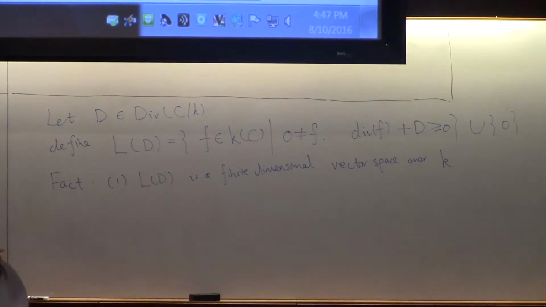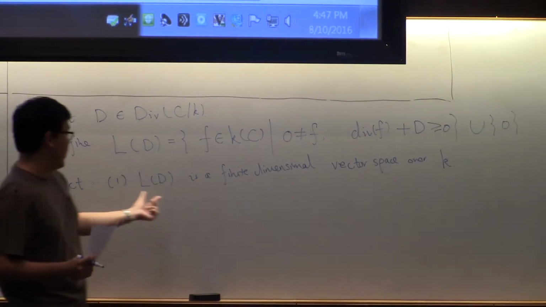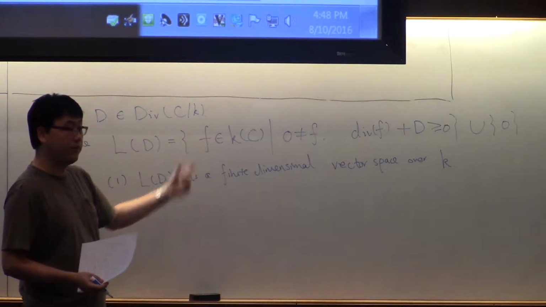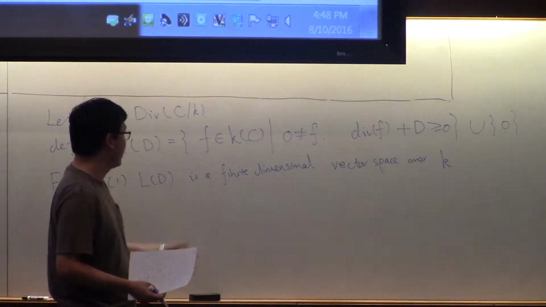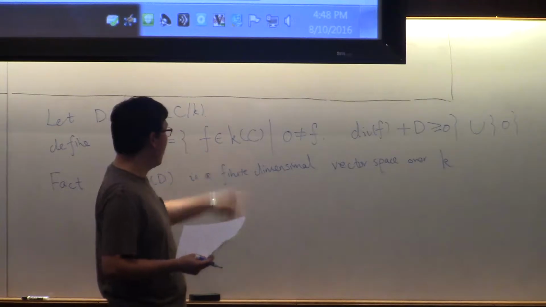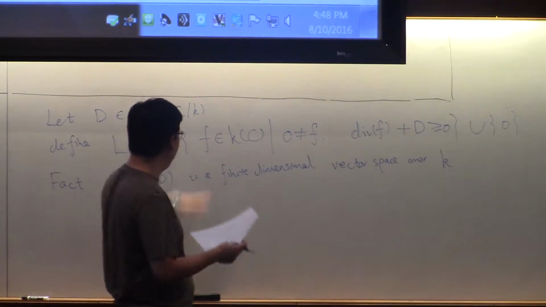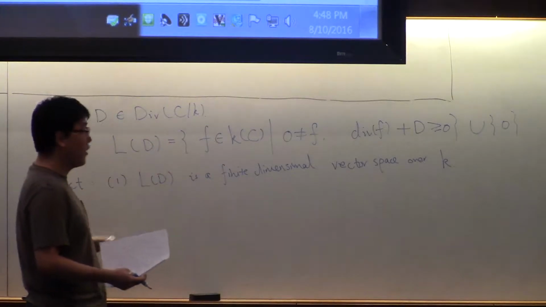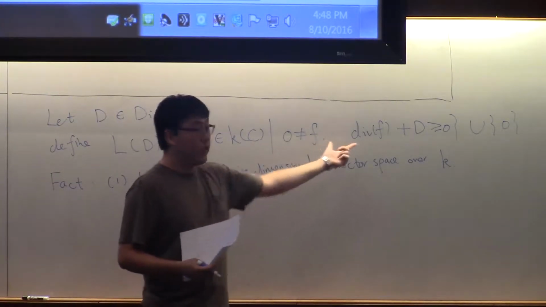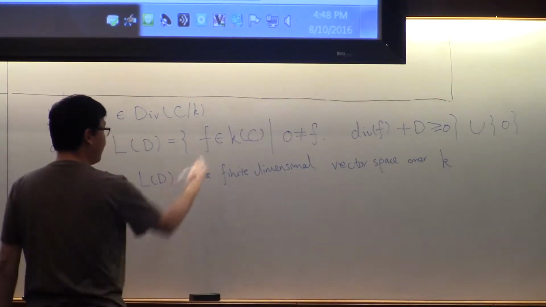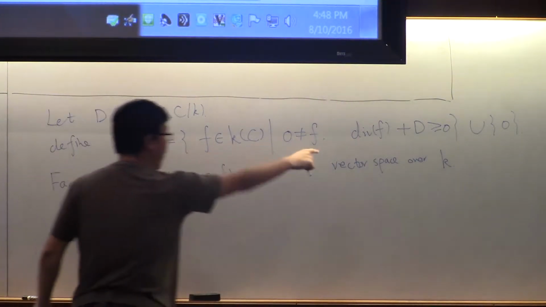So actually the only thing which is not that trivial to check for this fact is that if you have two rational functions which belong to this set, then their sum is also a function which satisfies this inequality.